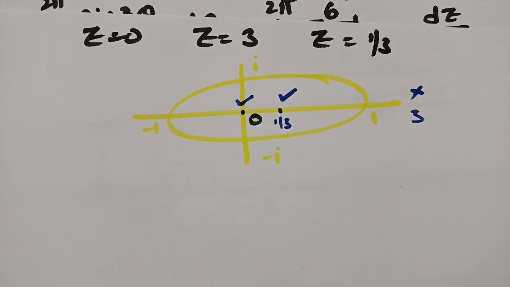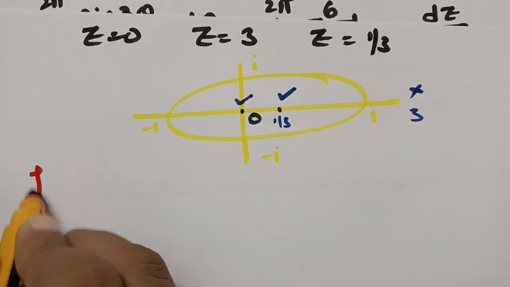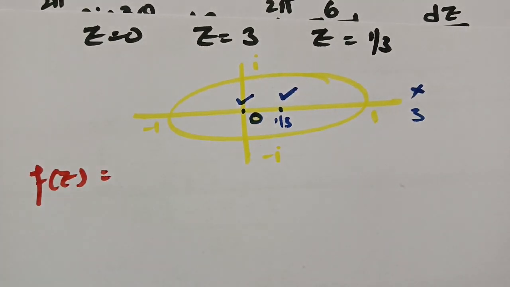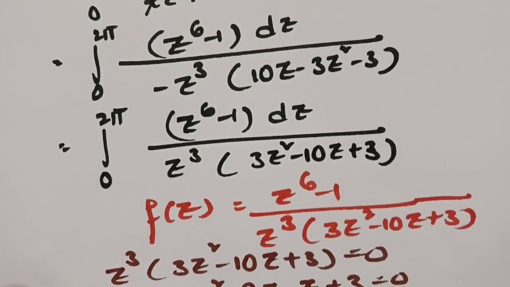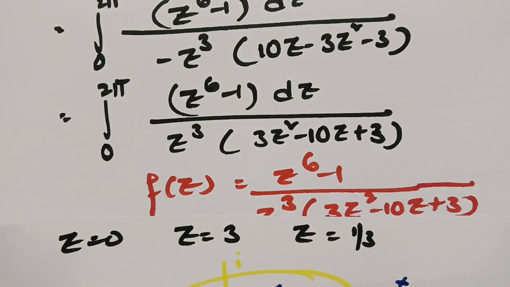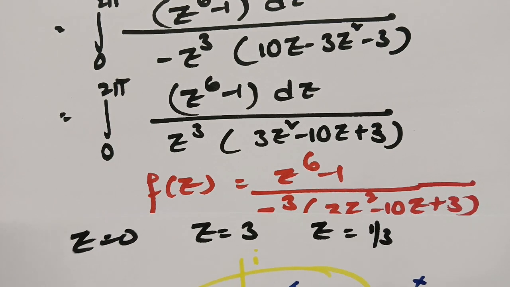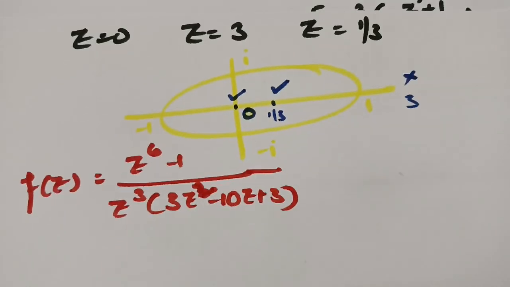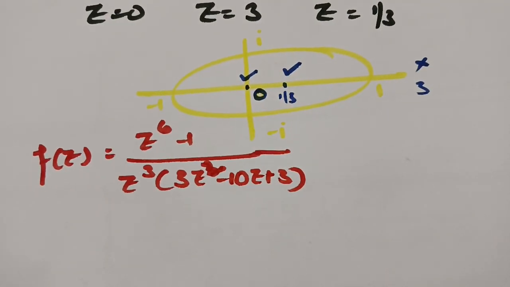Here the f(z) value is very clear as (z^6 − 1) by z³ into (3z² − 10z + 3).